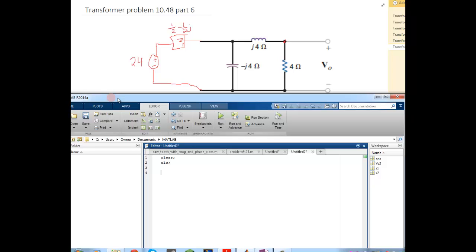Okay, so adding these in parallel, we have 4 plus 4j times minus 4j over 4.